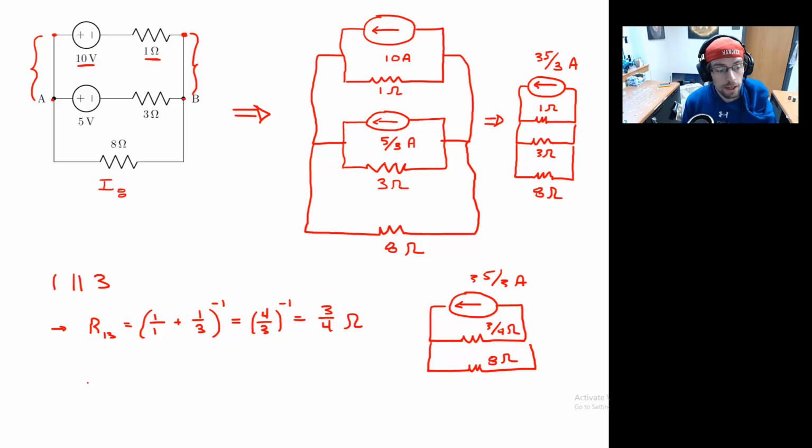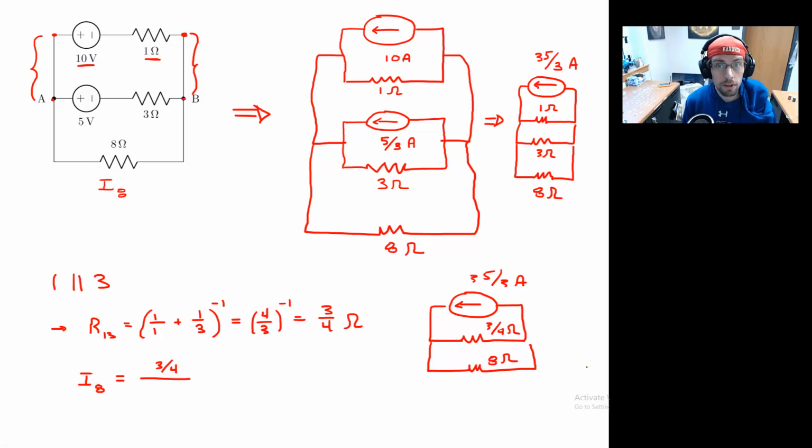But at the end of the day, what the current divider does, we can say the current flowing through that 8 ohm resistor is the resistance of the other resistor. So I'll put 3/4 here, divided by the sum of the 2 resistors.